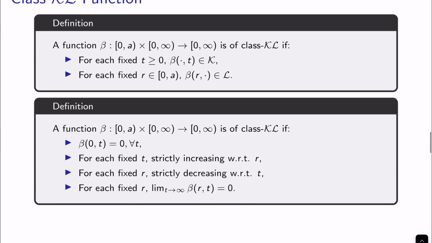Yes, I should say definition 1 and then definition 2 or something. So yeah, it is that type of definition. First of all, for all t, that equality needs to be satisfied, right? And then these first two come from the class K part, and the final two come from the class L part.